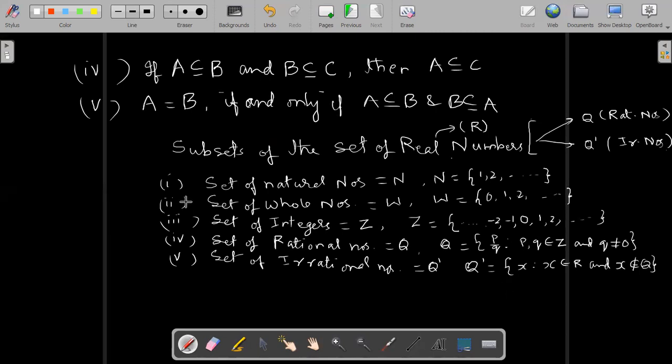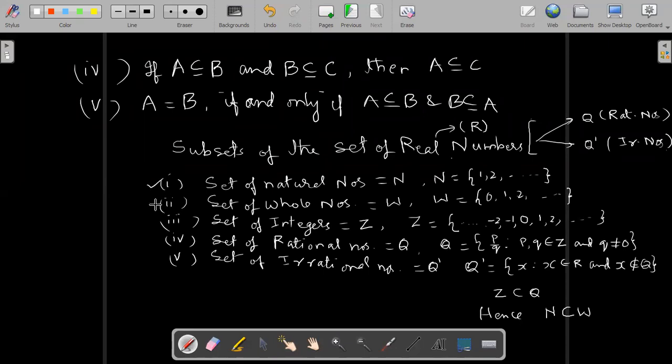But one more thing, this is N, W, Z, Q, Q dash you got. Hence we get one condition that you must remember: N, natural numbers, is a proper subset of whole numbers.